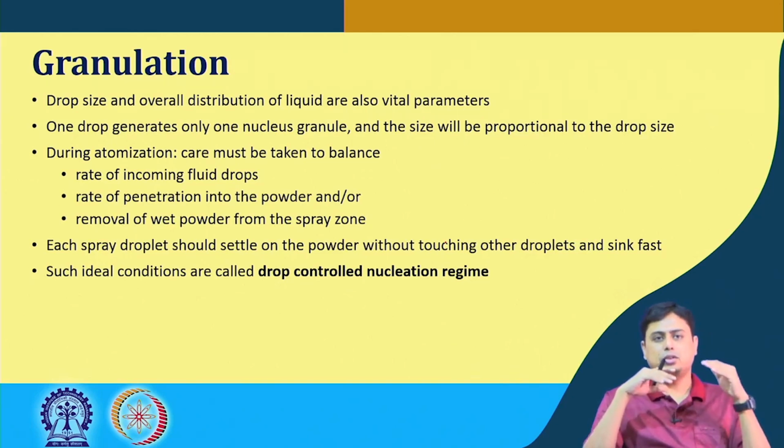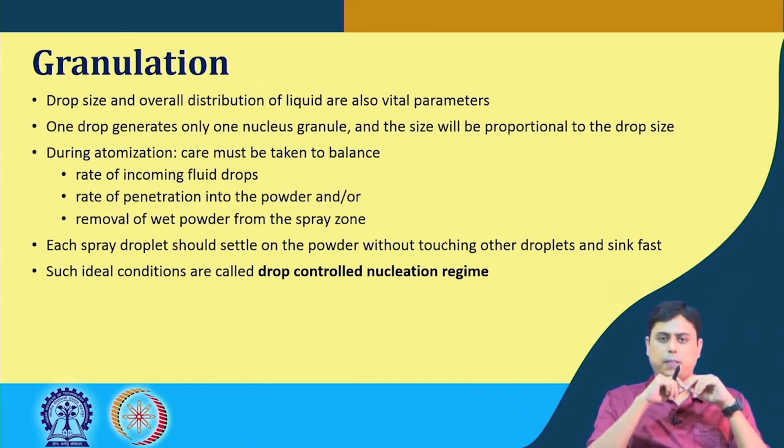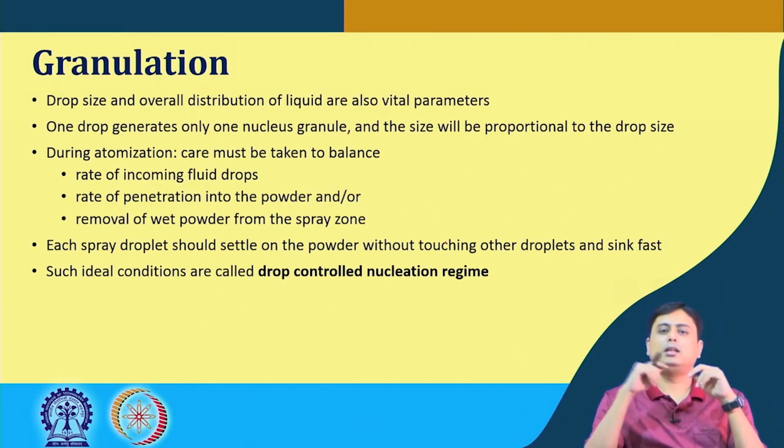Ideally each droplet should settle on the powder without touching each other, and it should sink very fast. Then the number of granules or the number of nucleus formations becomes higher.